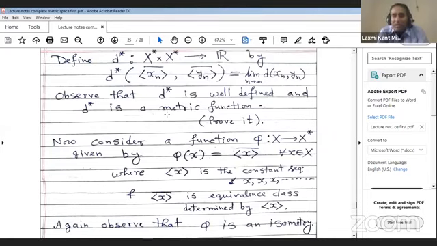So we are sending x to the equivalence class of the Cauchy sequence x. So we can also easily verify that this phi is an isometry.